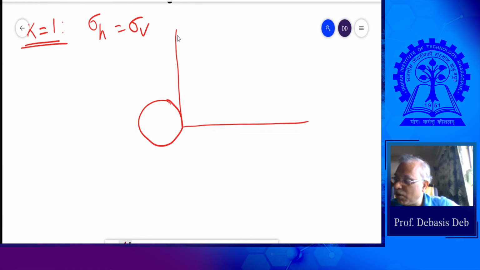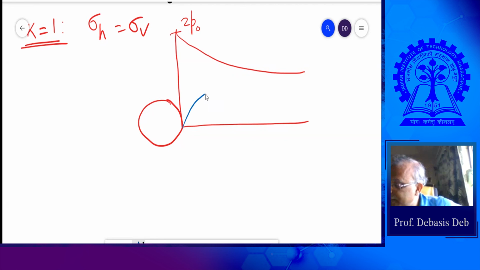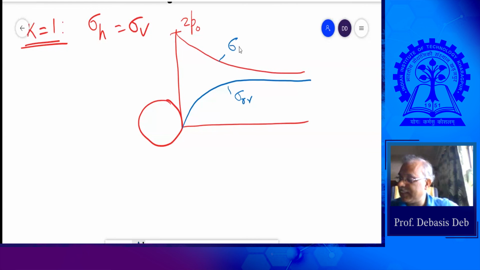So right here we have plotted, this was our tangential stress, this was the double 2p naught, and the radial stress and tangential stress. This is how it has gone, and this was p naught. This happened at k equals 1, right?